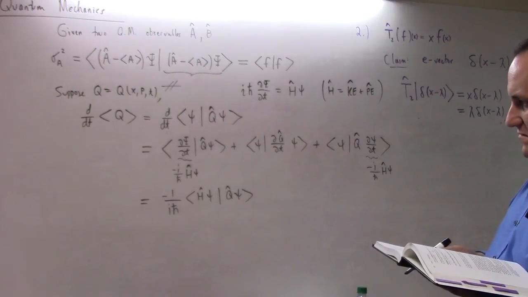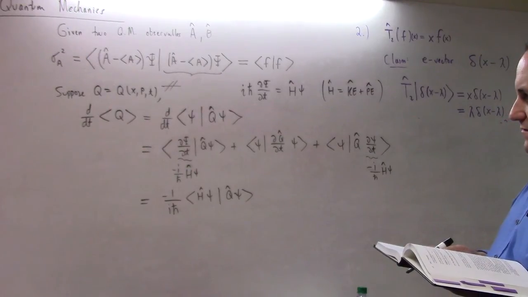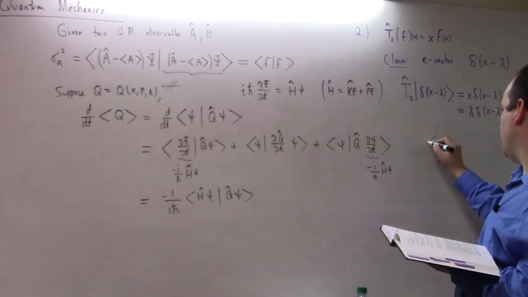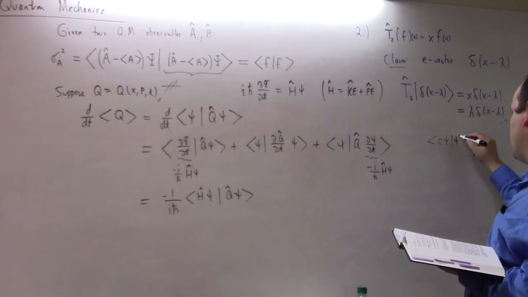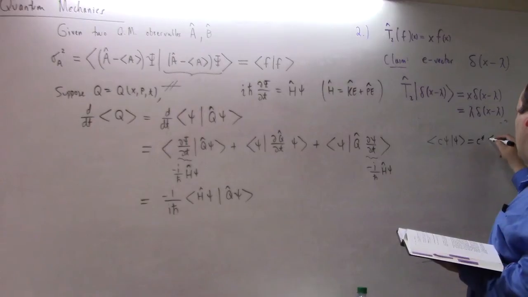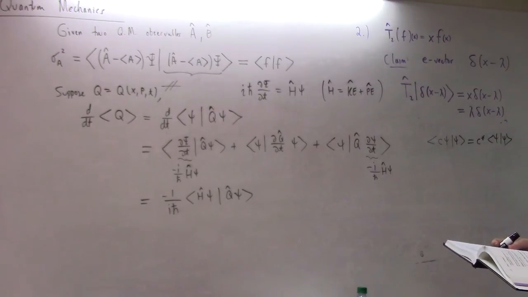Because if I pull a constant out of the ket, the rule is if we have C psi, that's C star, psi psi. That's the nature of the bra. So I don't see how I can pull that out. Oh, is the i downstairs?